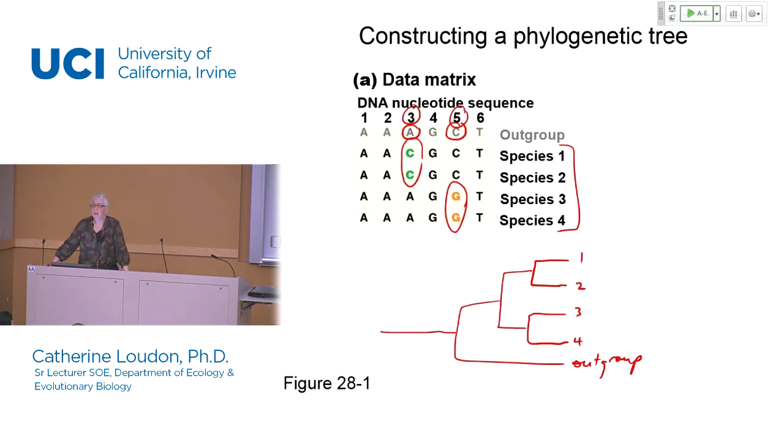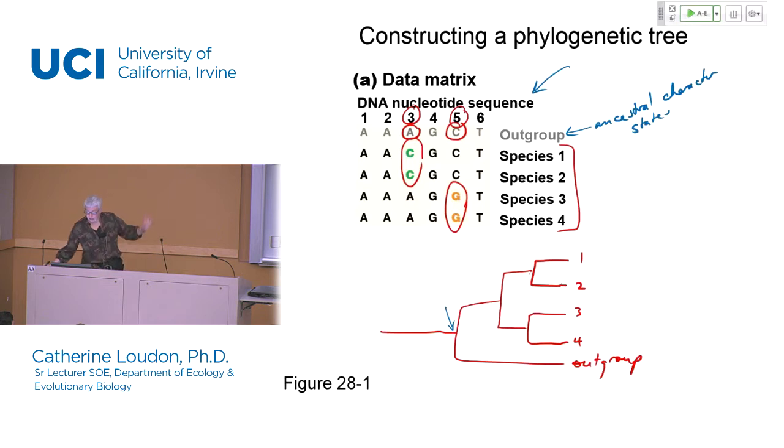Now, if we then use this phylogenetic tree to superimpose changes that may have occurred in evolutionary time, let's look at our data matrix here to figure out what happened when. Again, we're going to assume that we can use our outgroup as an unambiguous identifier of the ancestral condition, right? So ancestral character states, I'll write that up here again just to remind you.